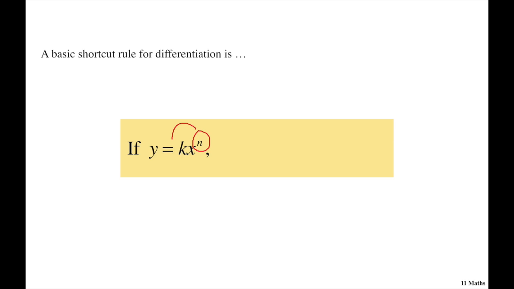We're going to actually move it out the front. So it becomes n times kx to the power of n minus 1. Because what actually happens is that the n, the power, is always decreased by 1. It's multiplied out the front and then it's decreased by 1.